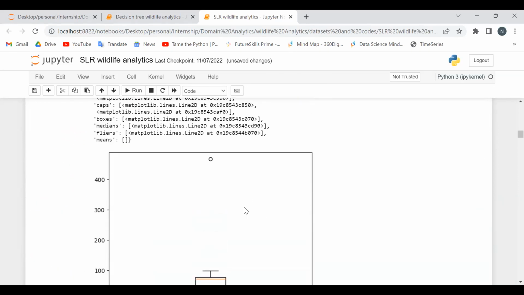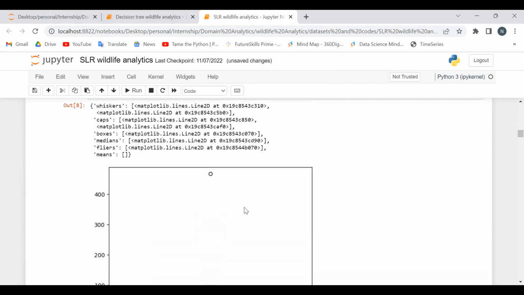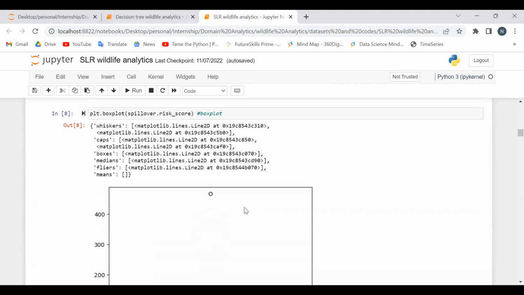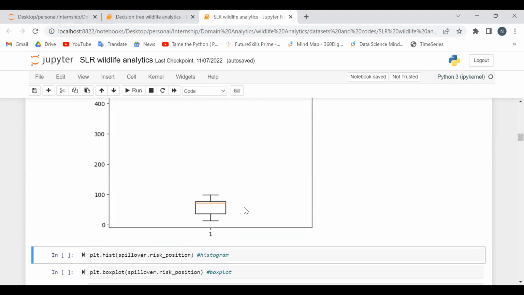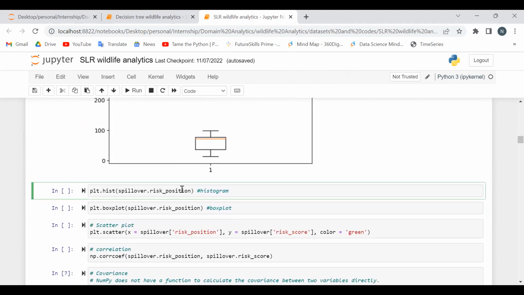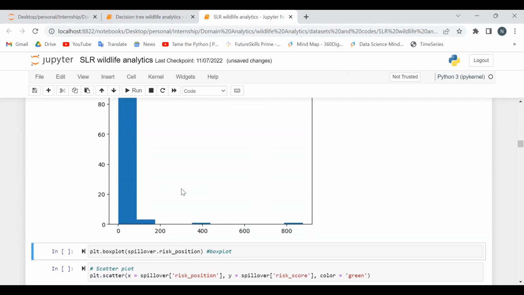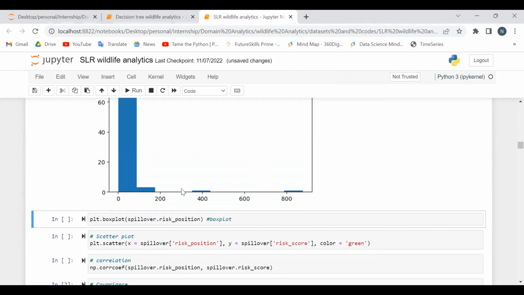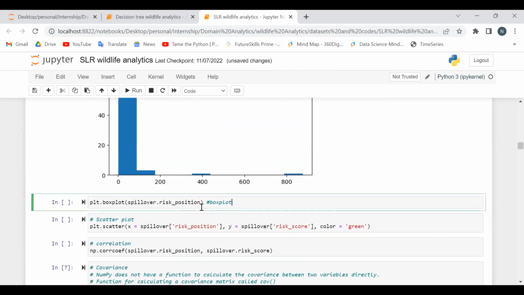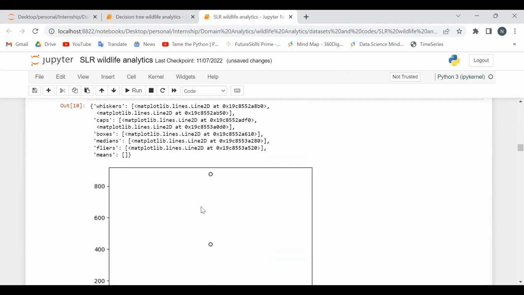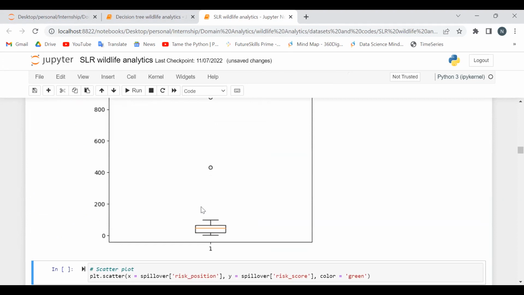This is the box plot of the data. The histogram of the risk position, and the box plot of the risk position.